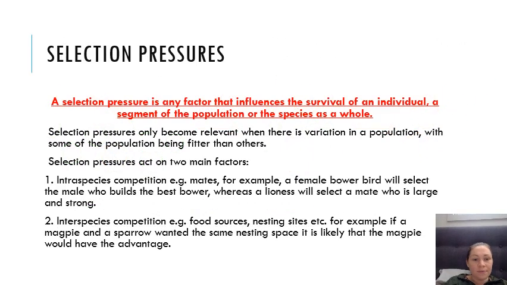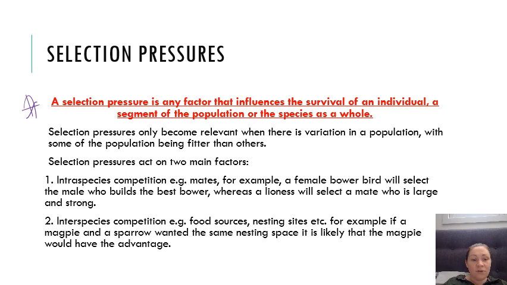Selection pressures. A selection pressure, and we need to know how to define this, is any factor that influences survival of an individual, a segment of a population, or the species as a whole. Selective pressures only become relevant when there is variation in a population, when some of the population are fitter than others.